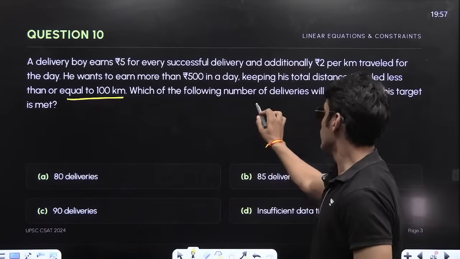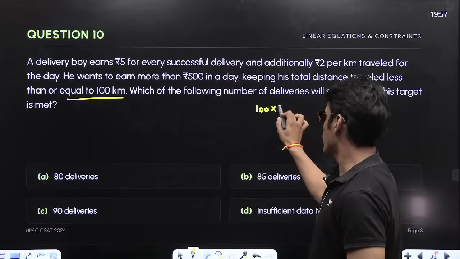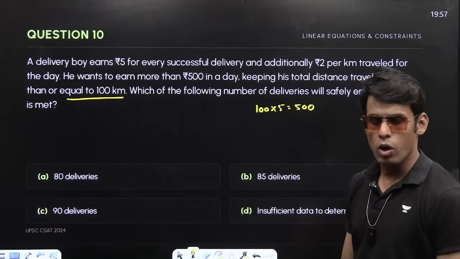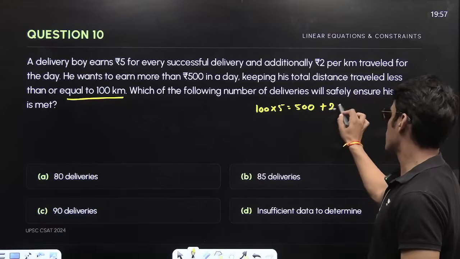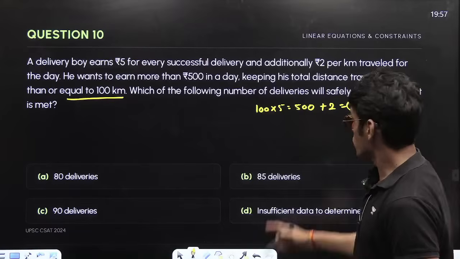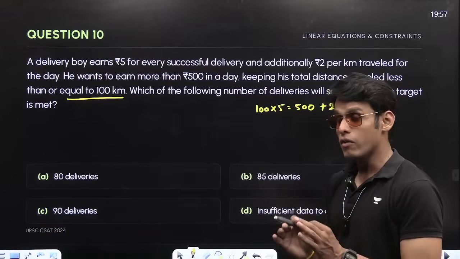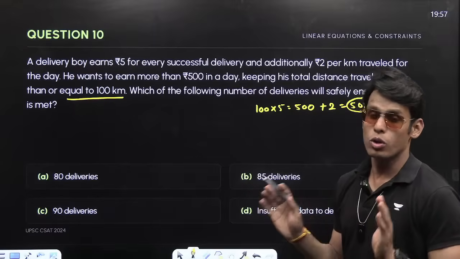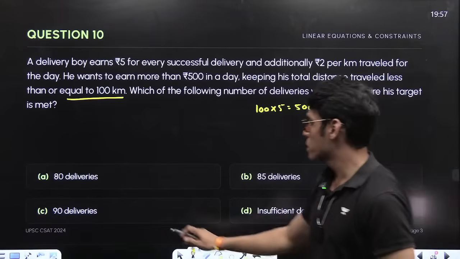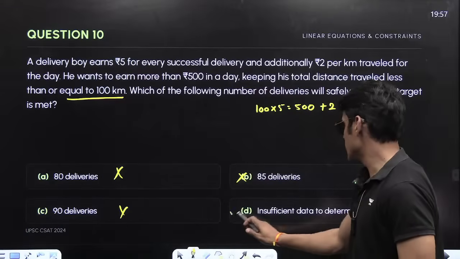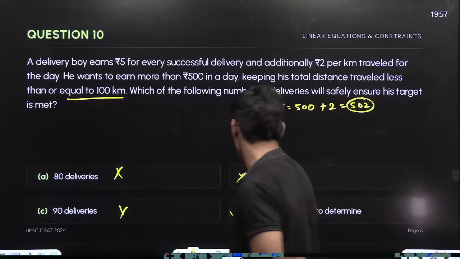Then he will get 100 deliveries into 5, which is 500 rupees, plus 2 more for the kilometer, 502 rupees. So if he delivers 100 orders or more, it is certain that he will earn 500 rupees or more. But all the options are less than 100. And that is why we will say insufficient data to determine.